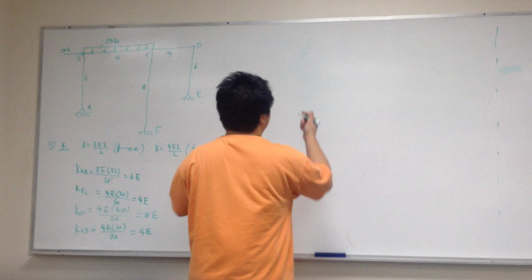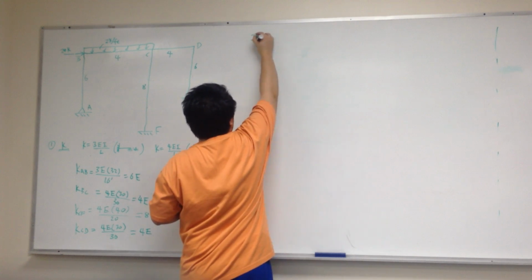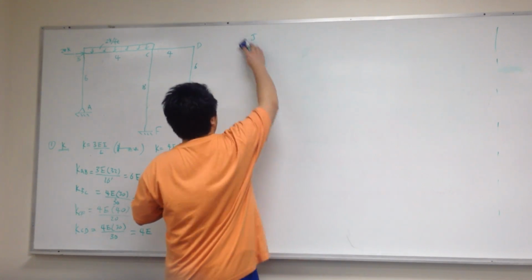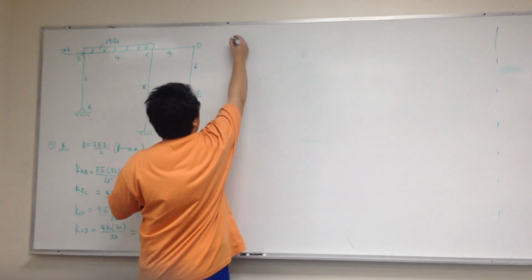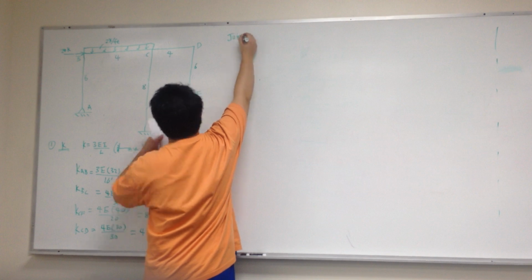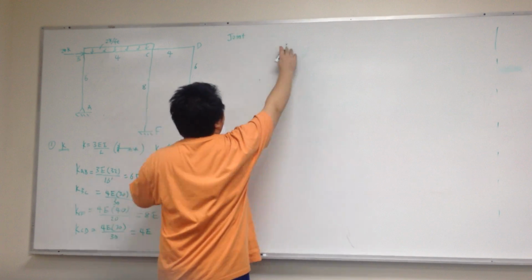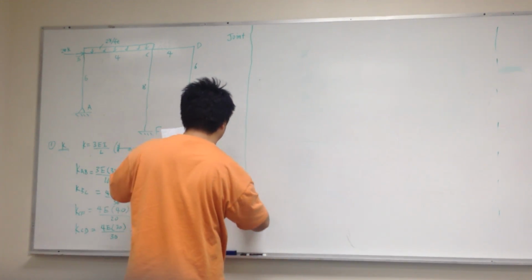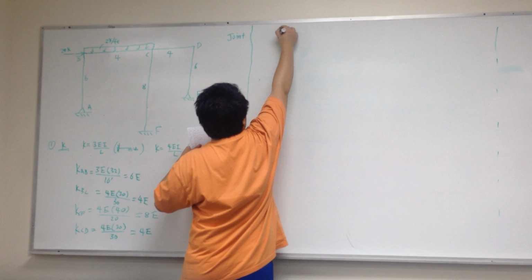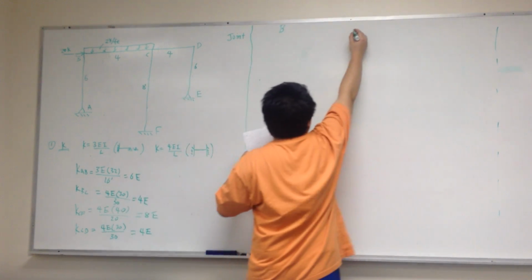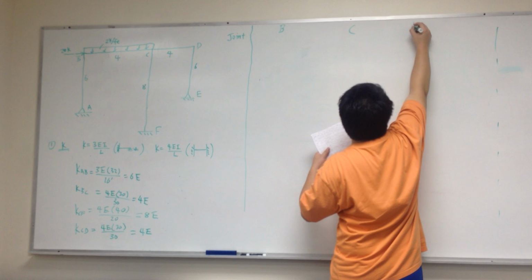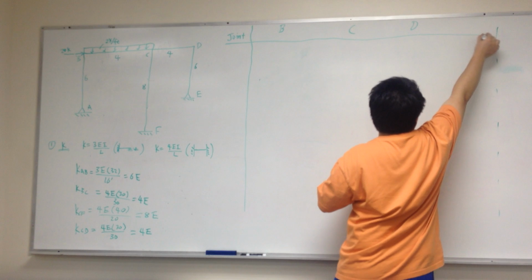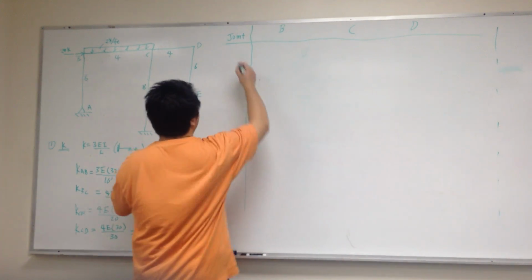So you're going to have joints 1, 2, 3. Joint B, C, and D. Members.